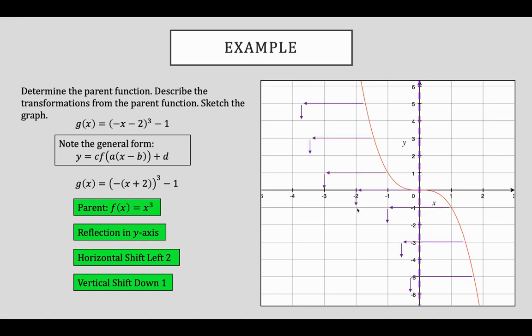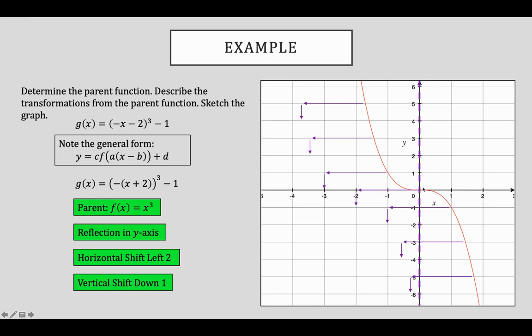And when you are doing your sketches, I'm not asking them to be perfect, okay? As long as you have the general shape and you can label a minimum of 2 points, I think that's great. I'm looking for the general shape, label 2 points. One of the convenient things about all of your quadratic functions, cubic functions, absolute value functions, and square root functions is that they all contain the point 0, 0.